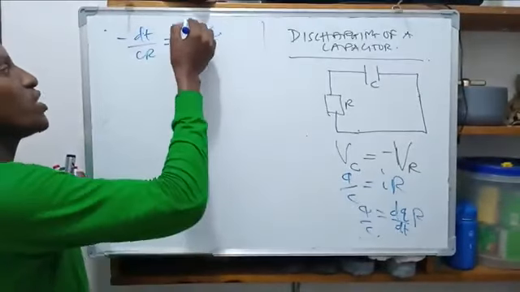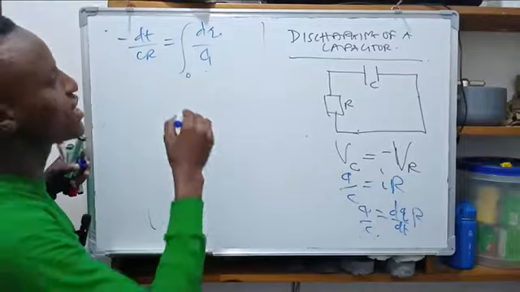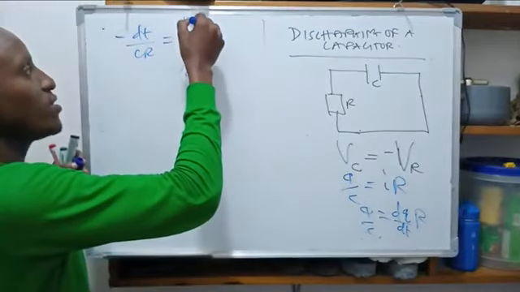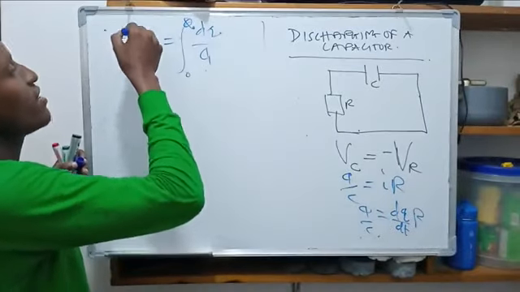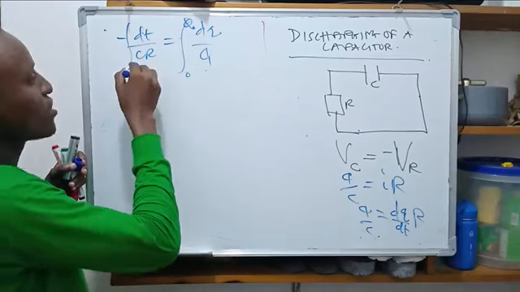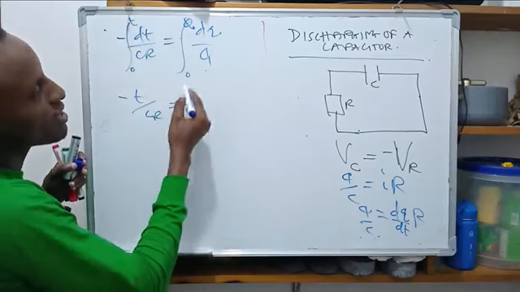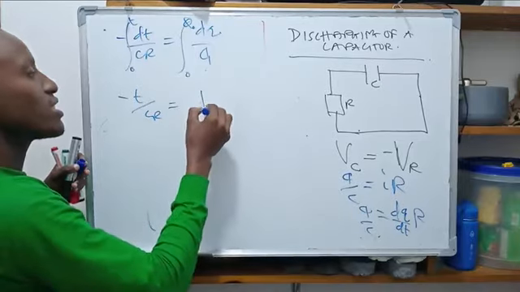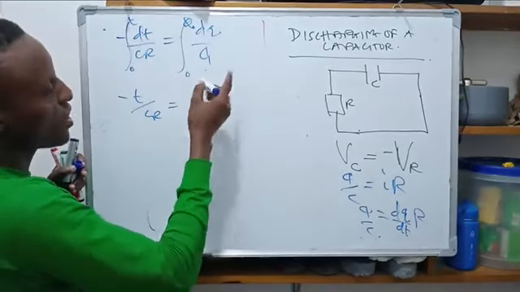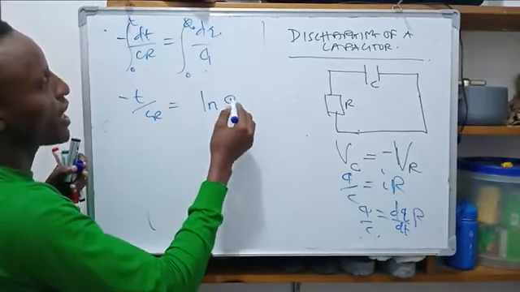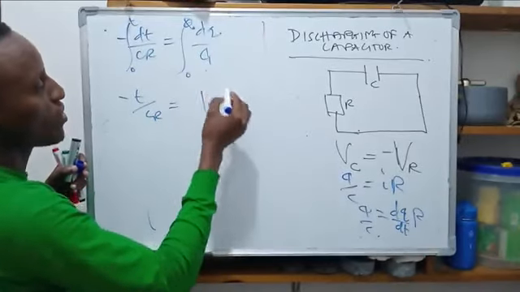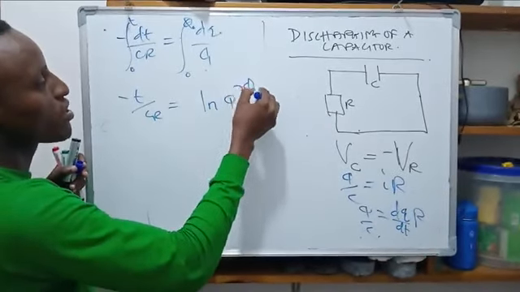I integrate from Q naught to the final charge Q, and from 0 to time t. So it will be negative t over CR, equal to the natural log of q, evaluated from Q naught to Q.